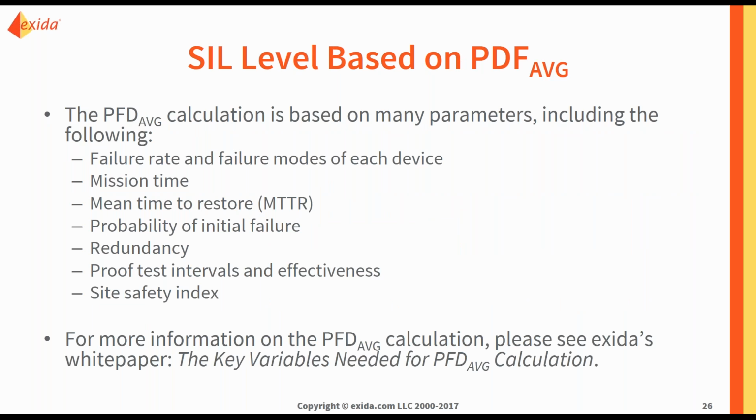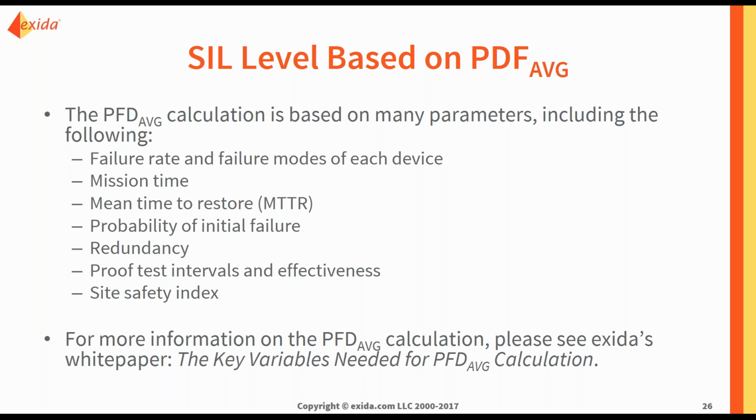So the PFD calculation is based on many parameters, including failure rate, failure modes for each device, mission time, your mean time to restore, probability of initial failure, redundancy, proof test intervals and proof test effectiveness, as well as your site safety index.